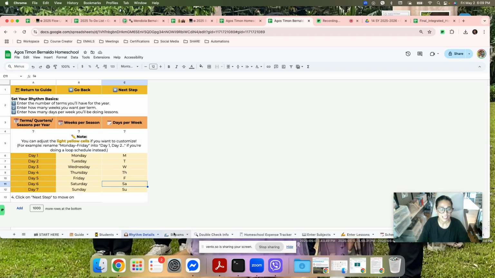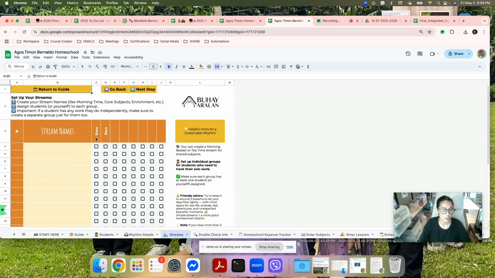Okay, now streams. So as you can see, the students are automatically generated here at the 3rd row of the streams. Essentially, your streams, because it's Agos, flow, is just something that I've coined to call your groups of lessons.